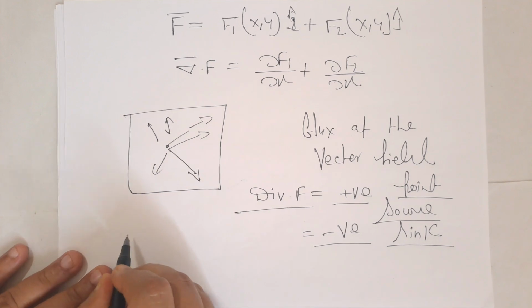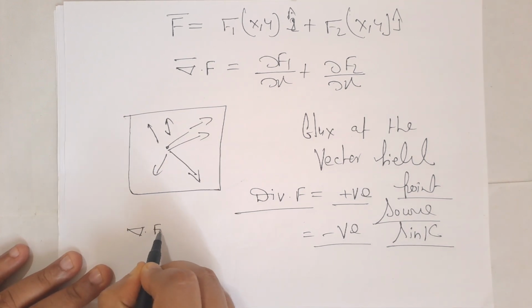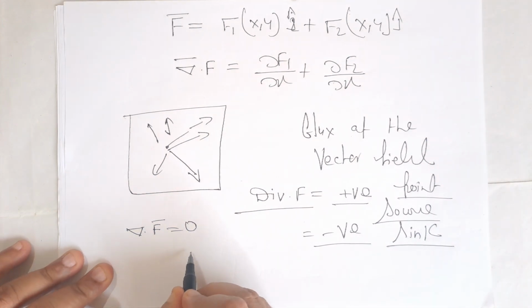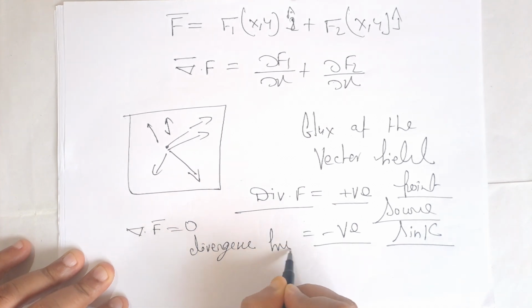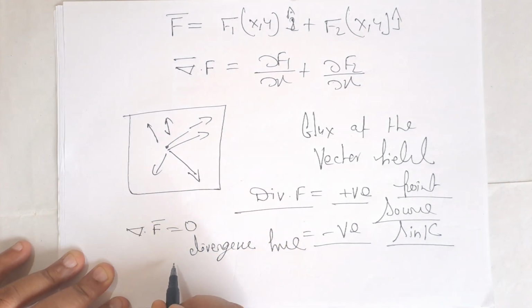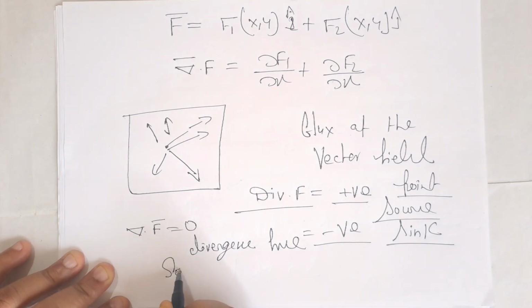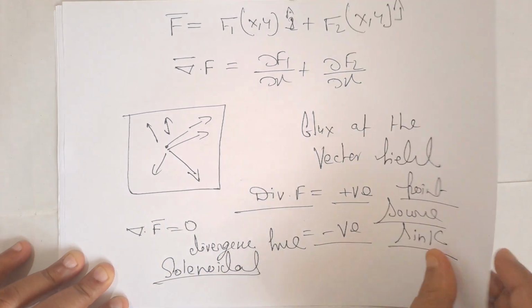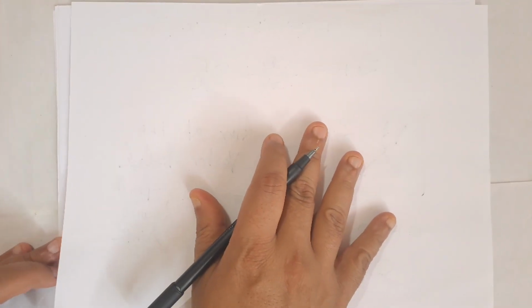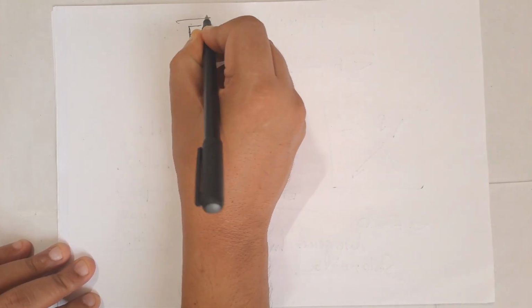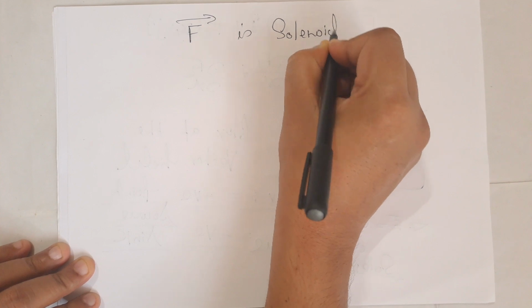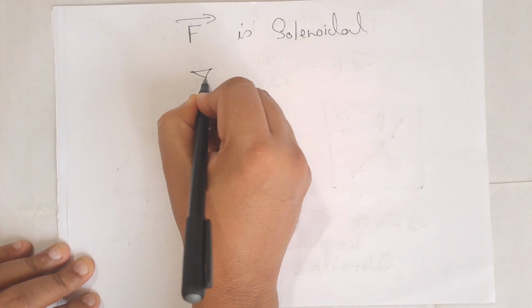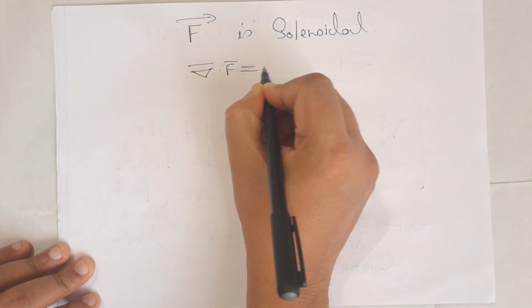And if divergence of vector field F is 0, or divergence free, then we can say that the vector field is solenoidal. So vector field F is solenoidal if divergence of F is 0.